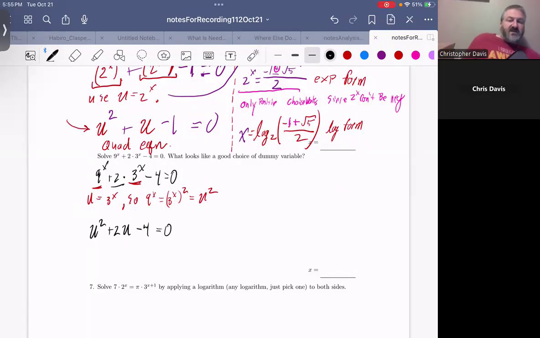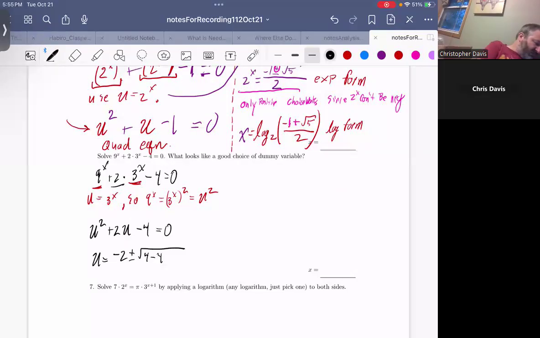Yeah, that looks like something we can solve. It's like I'm getting u equals negative b plus or minus the square root of b squared. B squared is 4, minus 4 times a, which is 1, times c, which is negative 4. Double negative is going to become a positive, all over 2a.